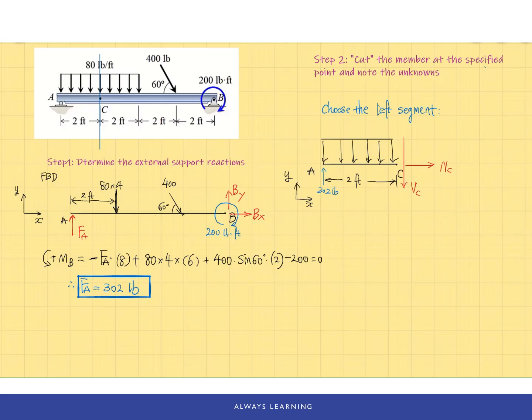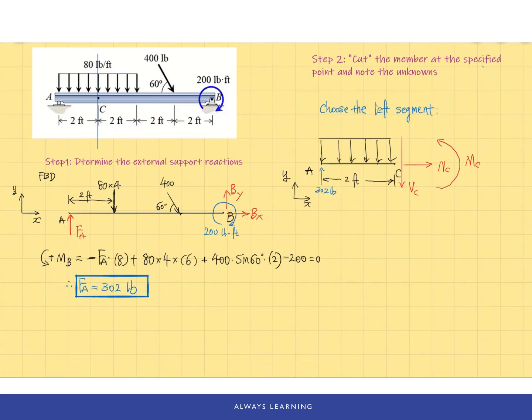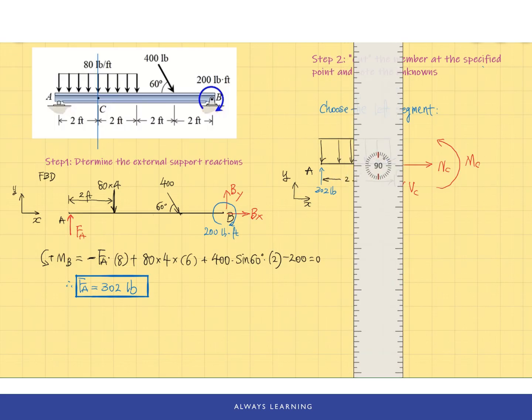The last one will be the bending moment. Concave upwards bending will be the positive bending moment at point C. So that's everything we have: the applied forces and the unknown forces, which are the internals, become externals.